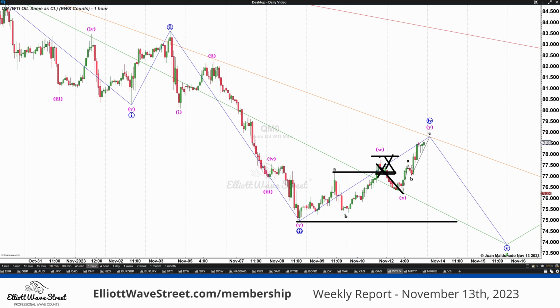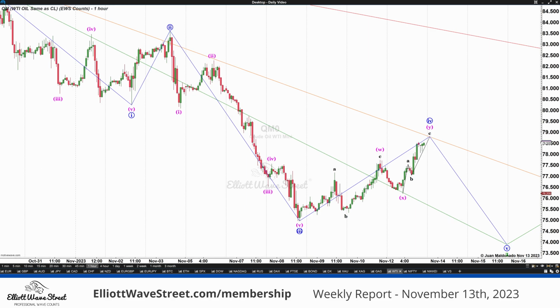So in those cases, you are going to book partial profits in the first trade, and you are going to wait for the next signal. The next signal could be once the price returns below this area here, and the target will be the previous low. So we continue with the bear trend in oil.